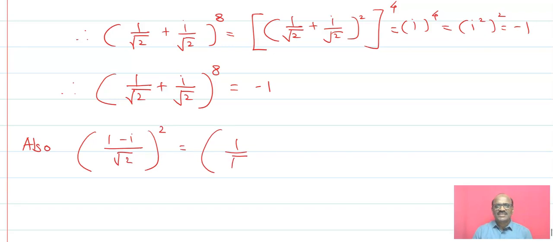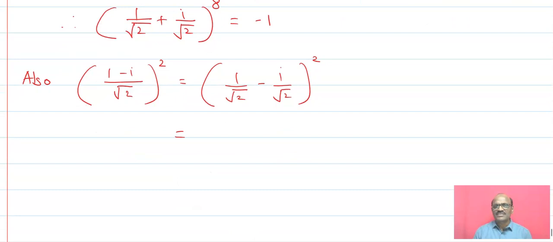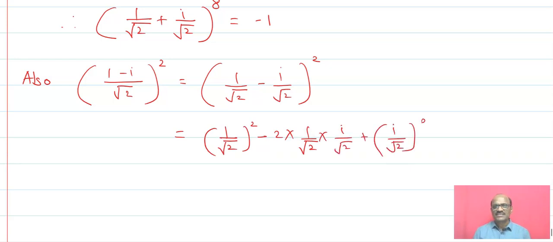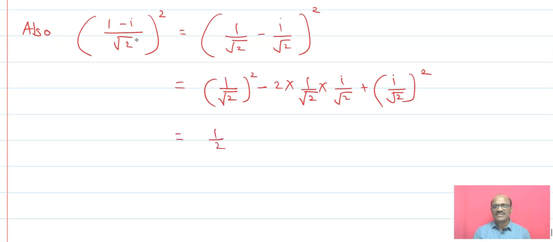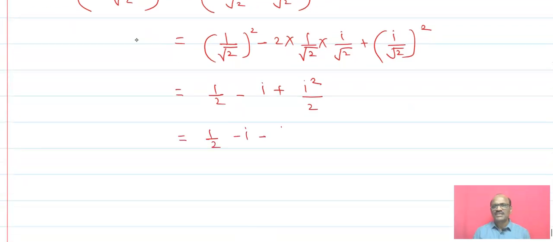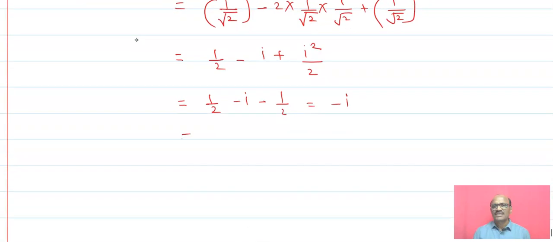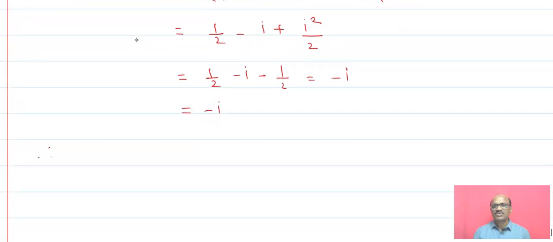Next, ((1−i)/√2) square is equal to (1/√2 − i/√2) square. Now expand this. Simple expansion, that is 1/2 − i + i²/2. Overall, you are getting its value as −i.